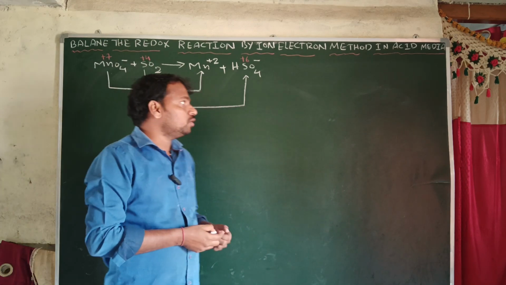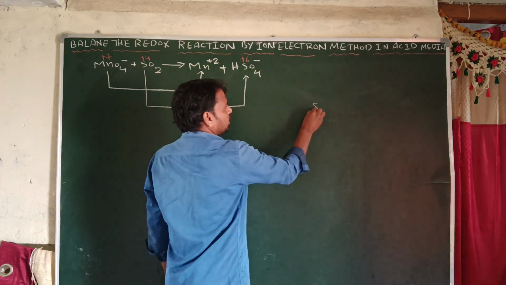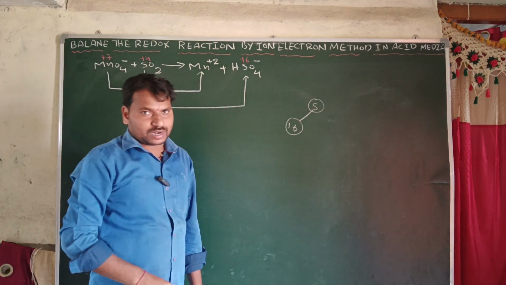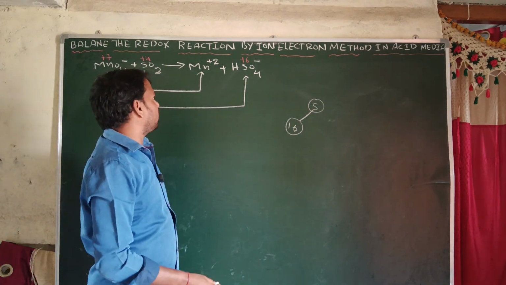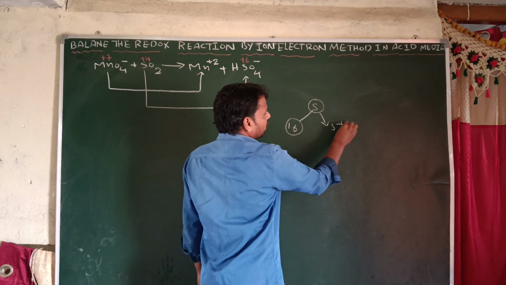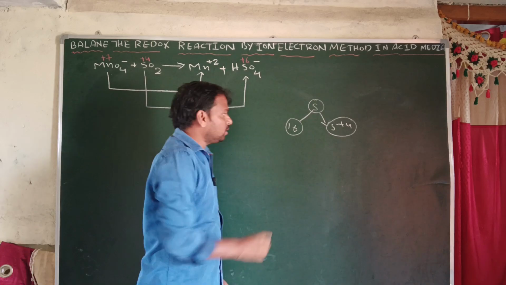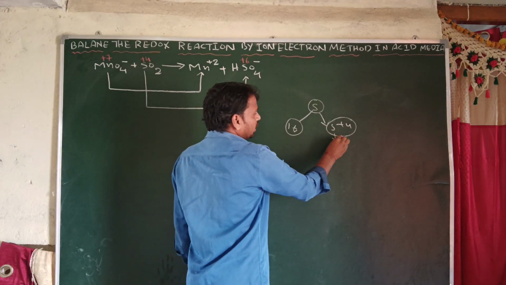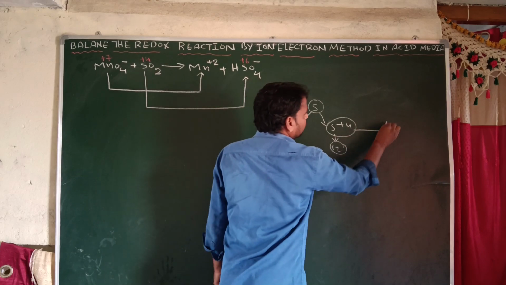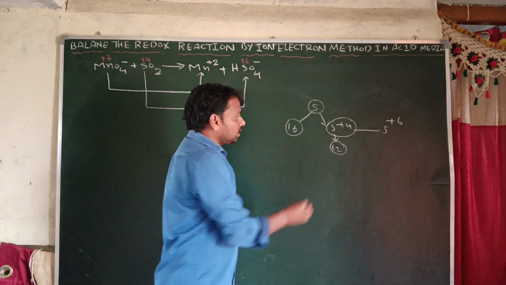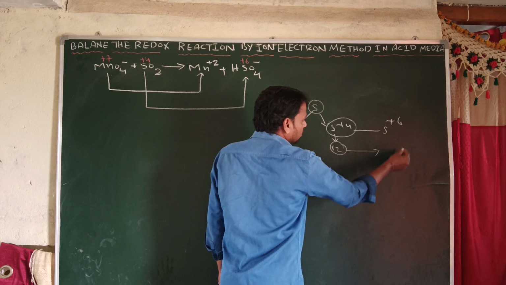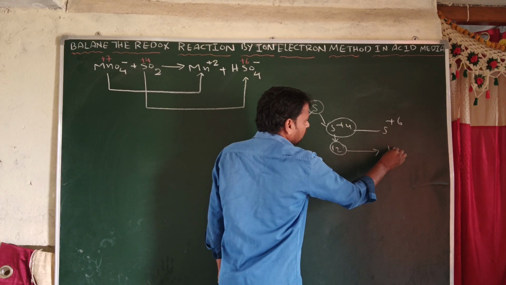Sulfur has 16 electrons, as per its atomic number. When it is present in the S plus 4 state, 16 minus 4 is 12 electrons. It changes to the S plus 6 state, which means it loses 2 more electrons, leaving 10 electrons.